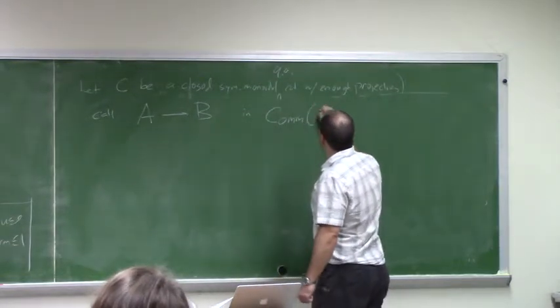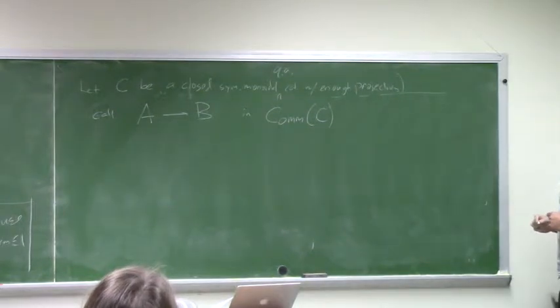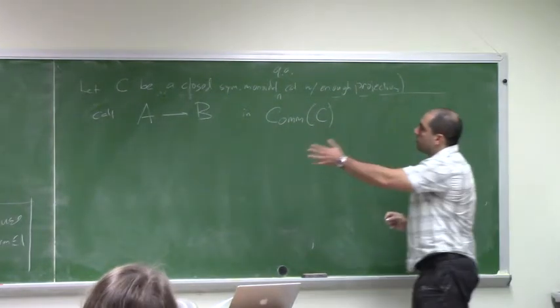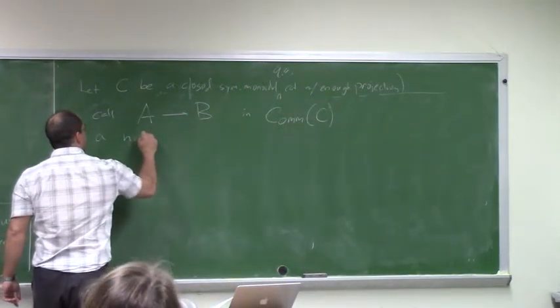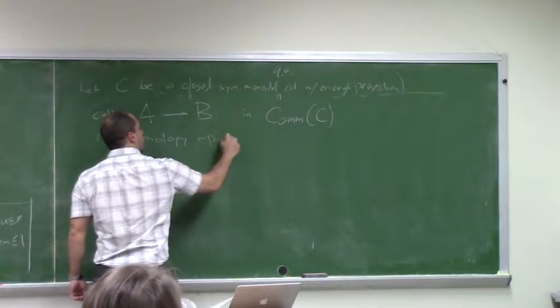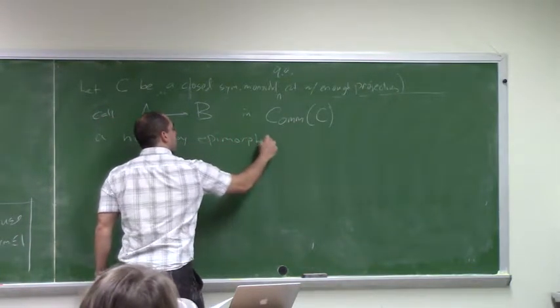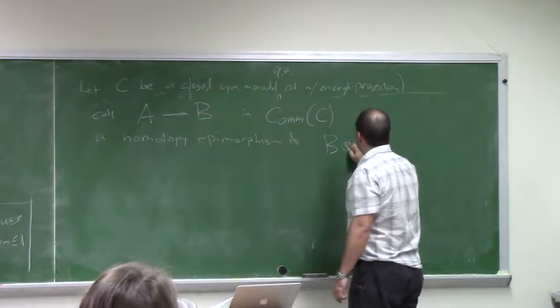If you look at commutative unital associative monoids in C, and you look at a morphism there, we call this a homotopy epimorphism if the following holds.